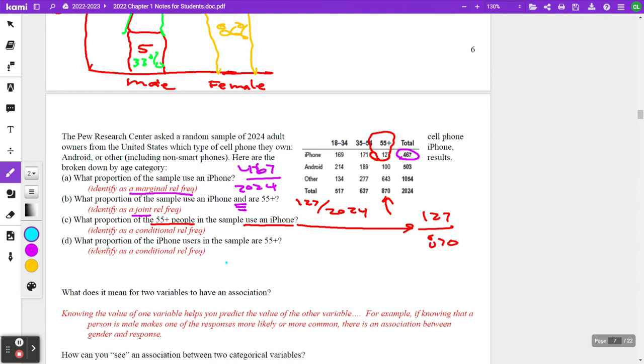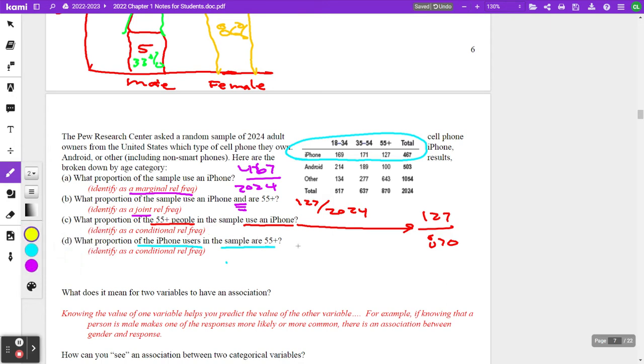Now we can flip the condition. It says what proportion of iPhone users. Now we're in iPhone land. So we really only care about this right here because it says what proportion of iPhone users are 55 plus.